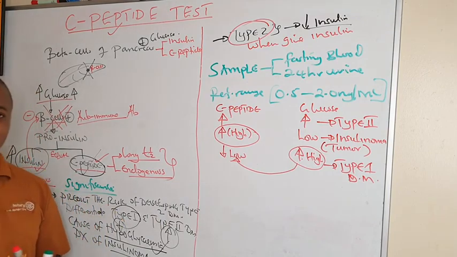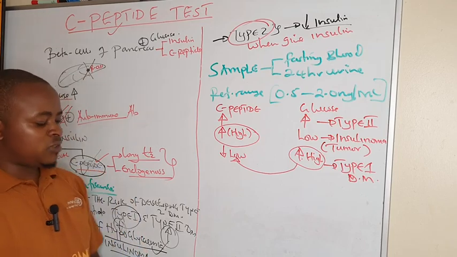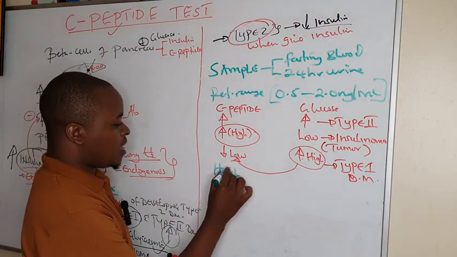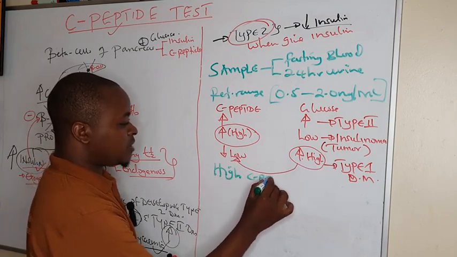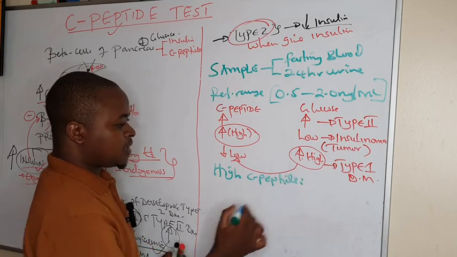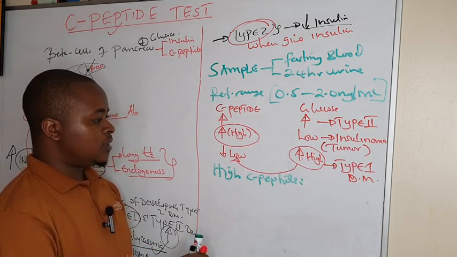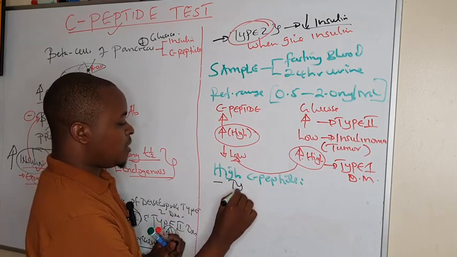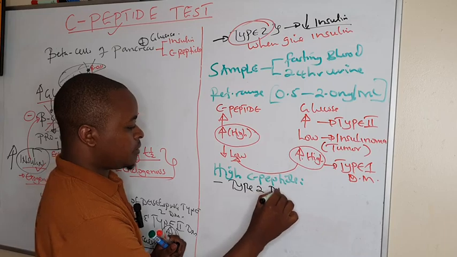And as we are winding up with this video, we are going to tell you that high C-peptide results are seen in conditions like type 2 diabetes mellitus.